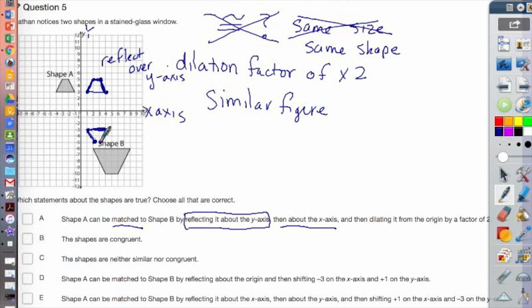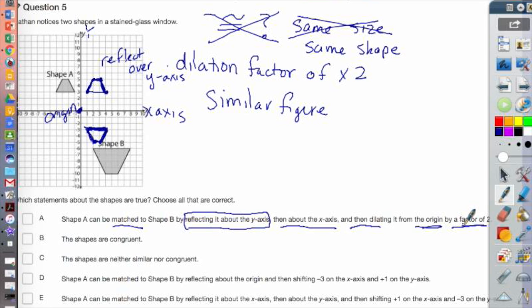It's looking good. However, it's still 2 times smaller. So if I look at making it, dilating it from the perspective of the origin, everything's going to expand out in this direction times 2. It's going to get 2 bigger. So that's what the question then, it says that I'm going to dilate it from the origin by a factor of 2.